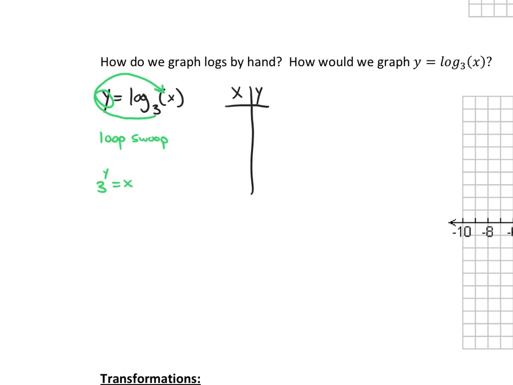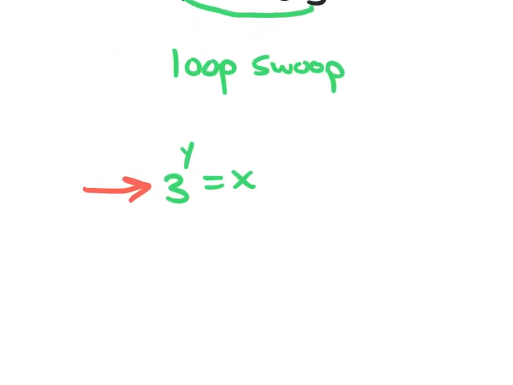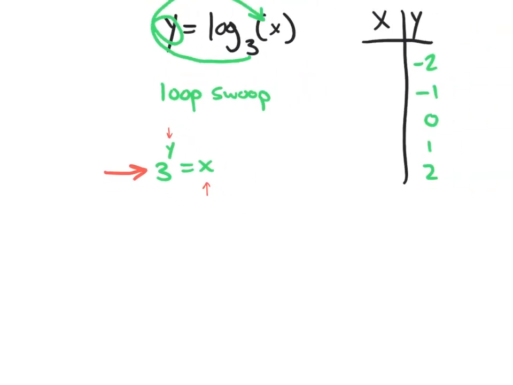Now, since logarithms and exponents are inverses, which is the opposite, what we're going to do is not fill in the x column, but rather fill in the y column. Negative 2 to 2 is typically what we place in for x, but we've switched this logarithm around into exponential form, so notice that we're now solving for x and that our input is y.